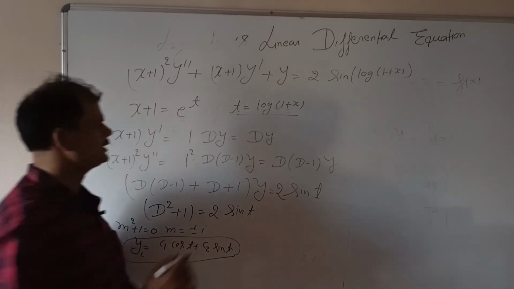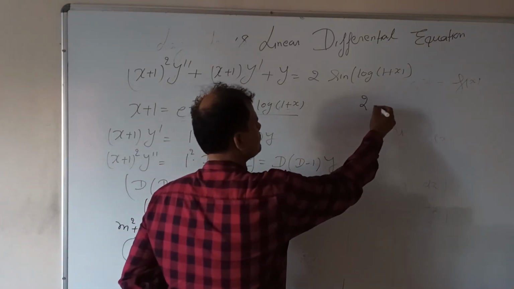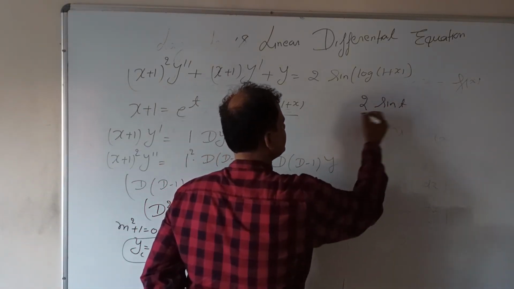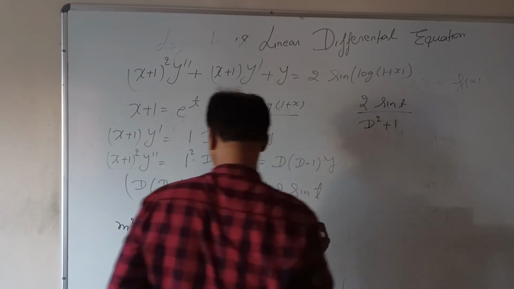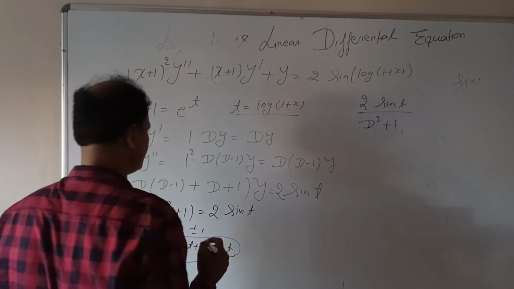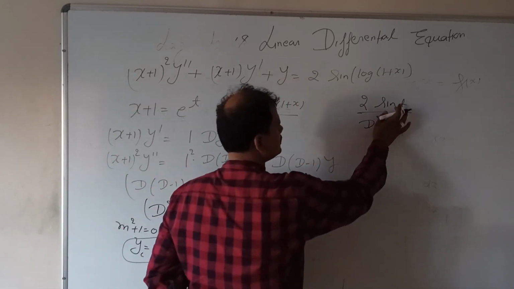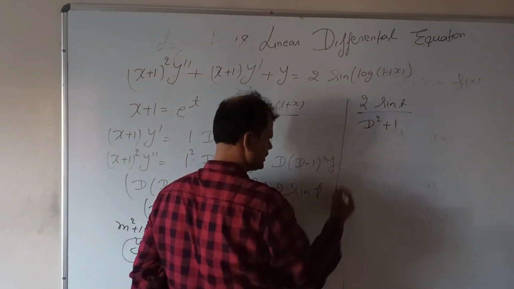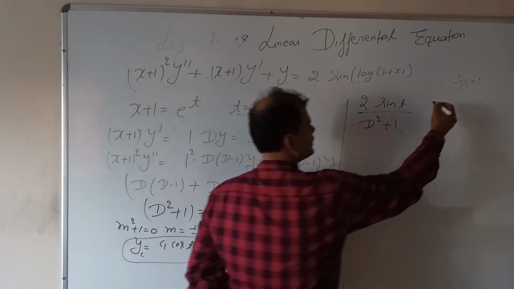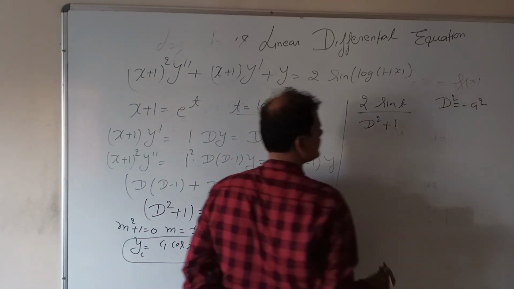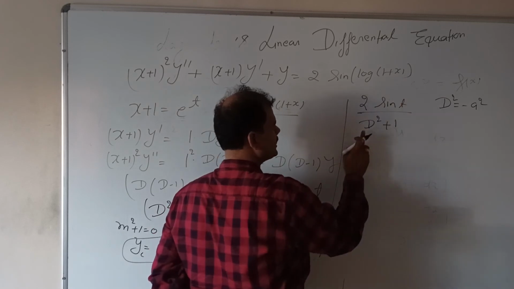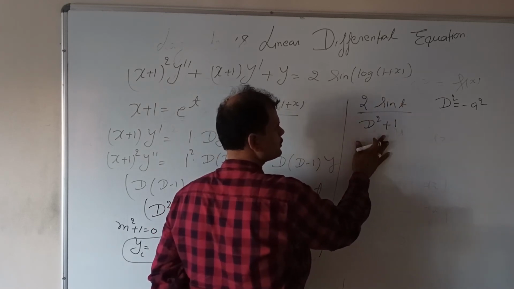And for the particular integral, we will use the inverse method, 2 sin t divided by D² plus 1. Using the inverse method, your D² is replaced by minus a². If a equal to 1 here, so minus 1 plus 1 gives 0.